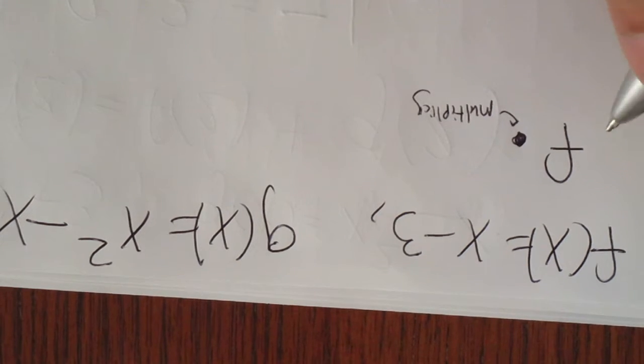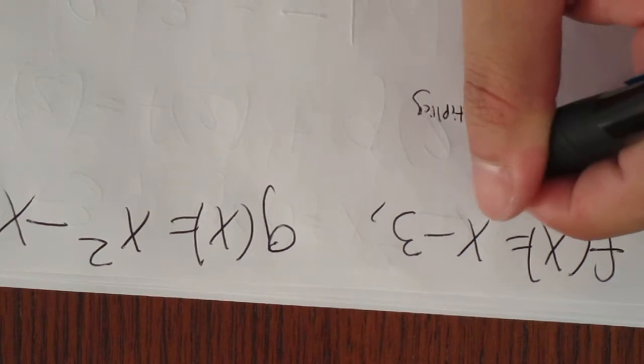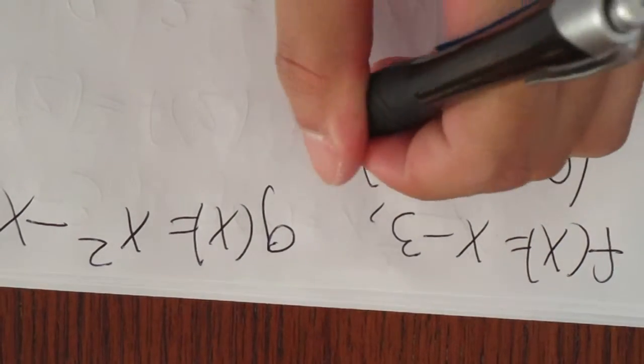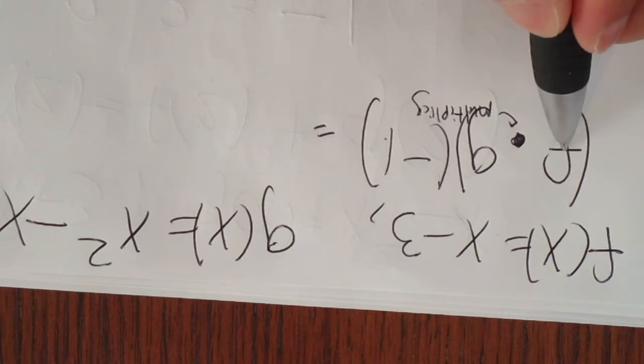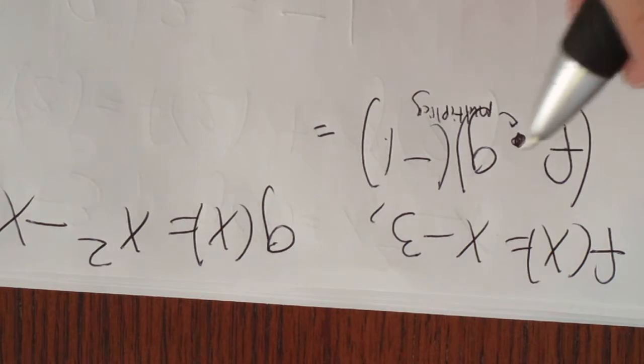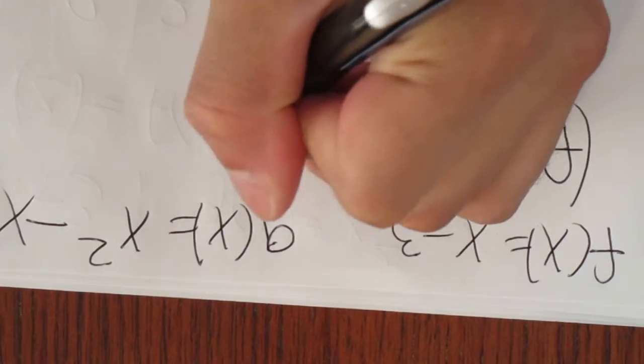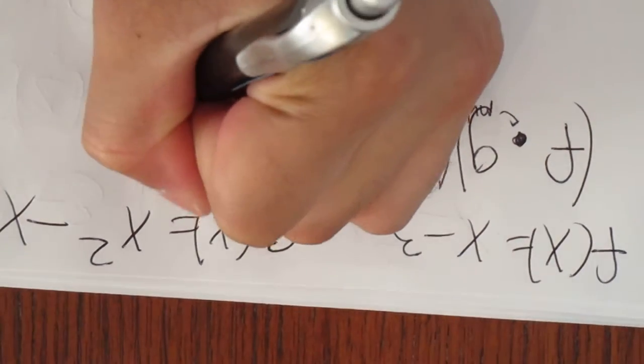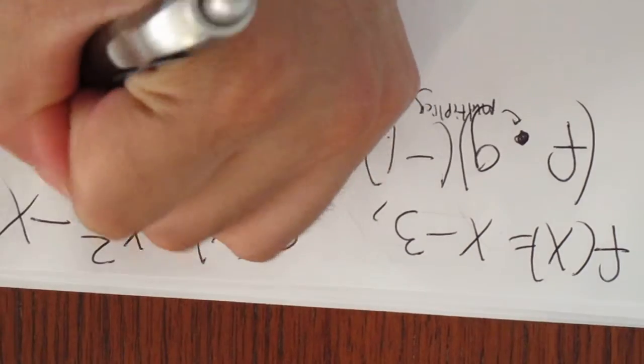It's not f of g yet, so it's f times g of negative 1. So we have to distribute that negative 1. So it's f of negative 1 multiplied by g of negative 1.